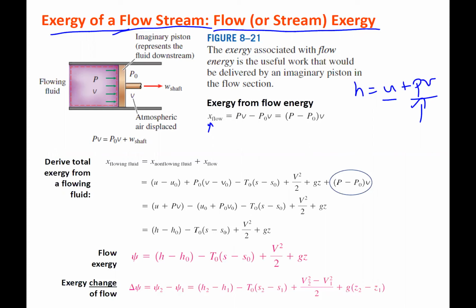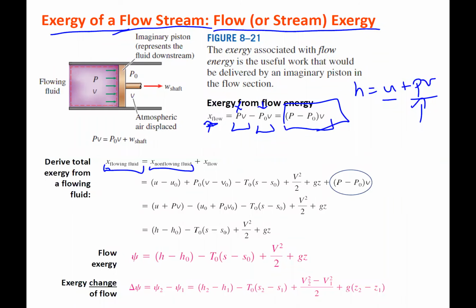We have the flow energy, and then we subtract any work we would have to do on the surroundings, because our pressure includes that pressure we would be pushing the surroundings out against. So we just combine those two, and we have this.